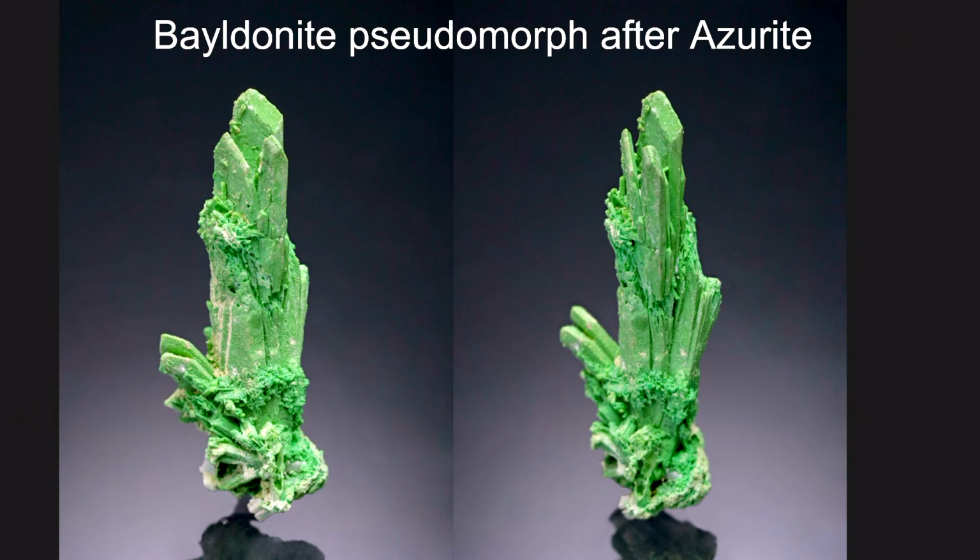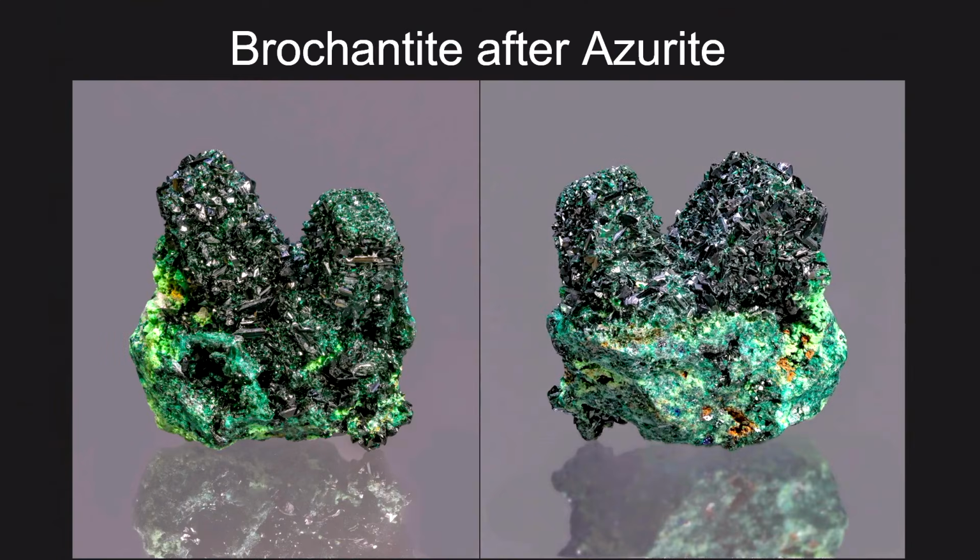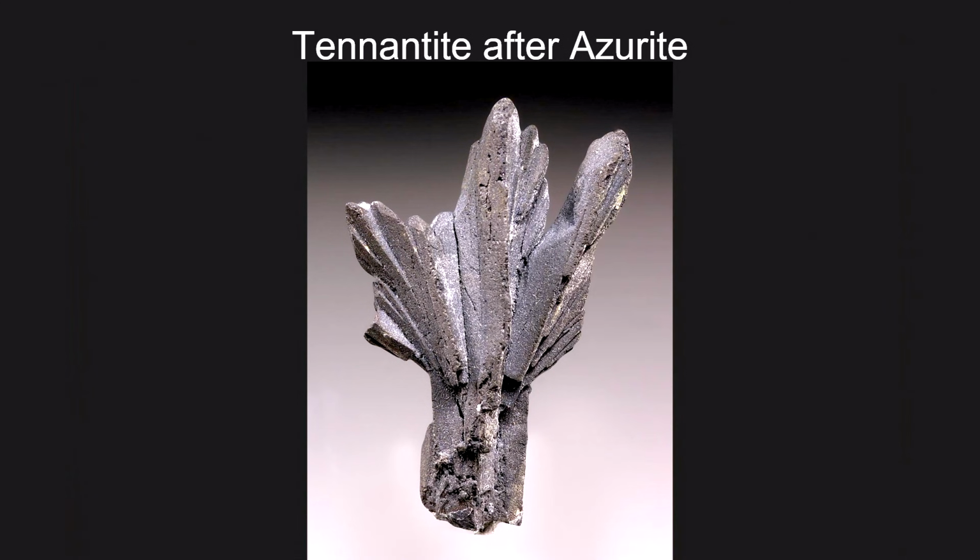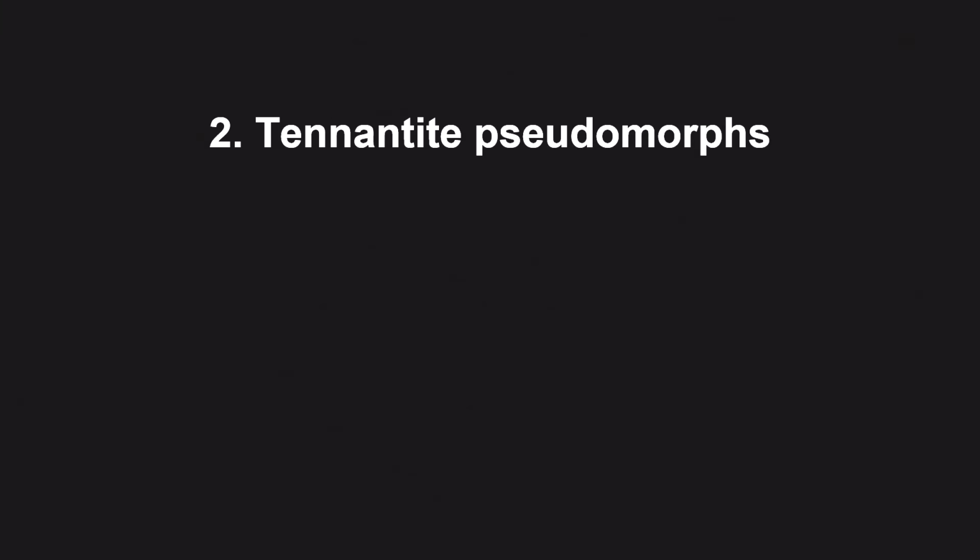Here's a lovely bright green pseudomorph of bayldonite after azurite. Here is brochantite after azurite. And here's an example where the azurite has been pseudomorphed to tennantite. So azurite can go in many different directions at Tsumeb.